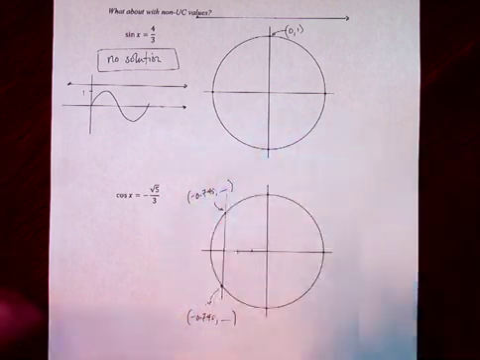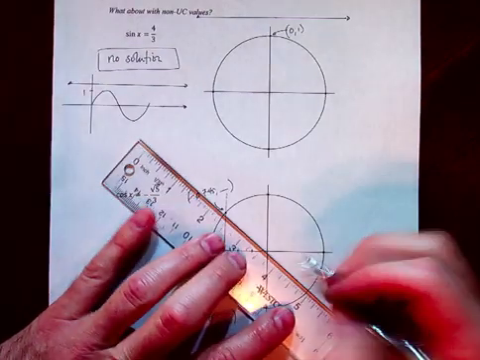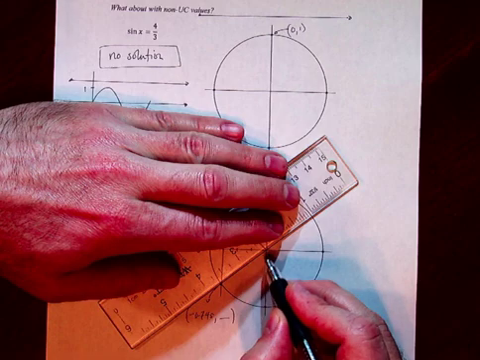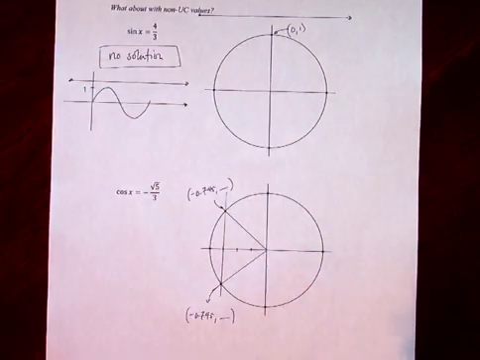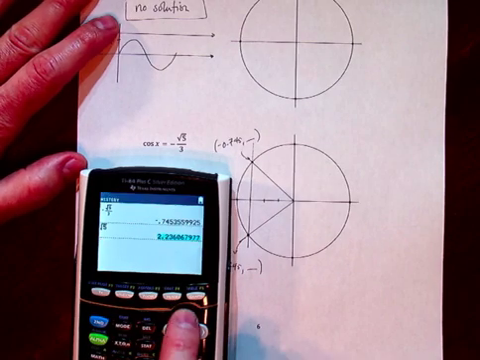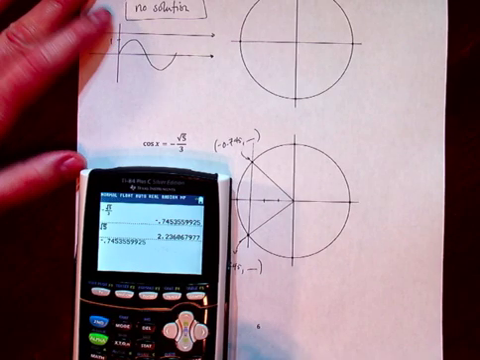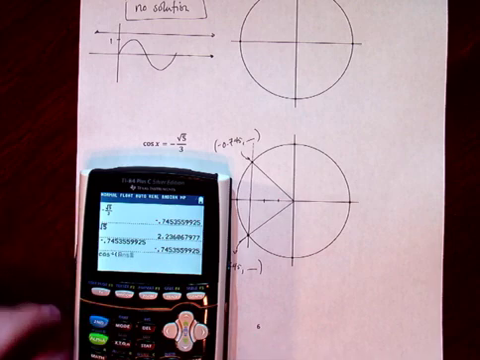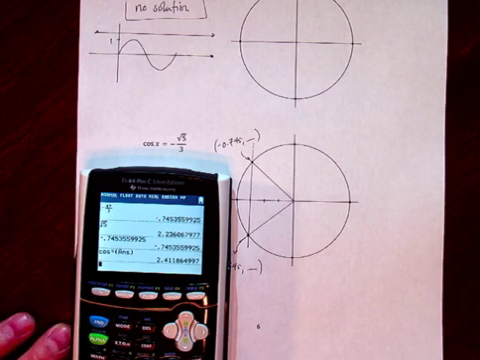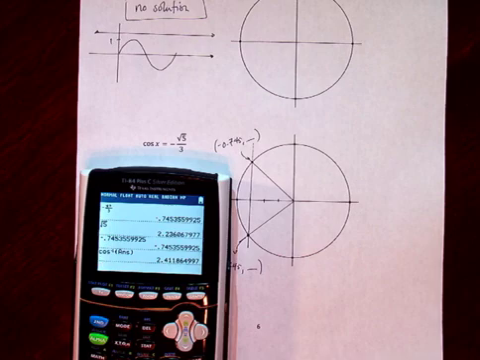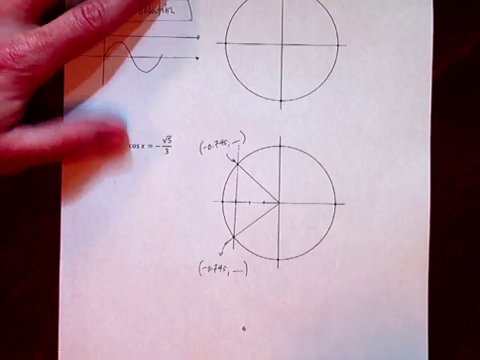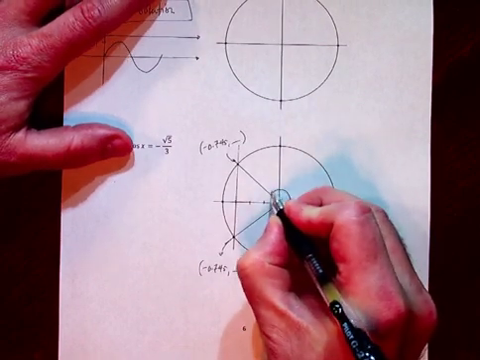I really don't care about the blank right now. I care about where these are positioned around the unit circle. And so if I take that value up here and take the inverse cosine of that, we're going to get 2.412 radians. Well, that is going to be that right there.